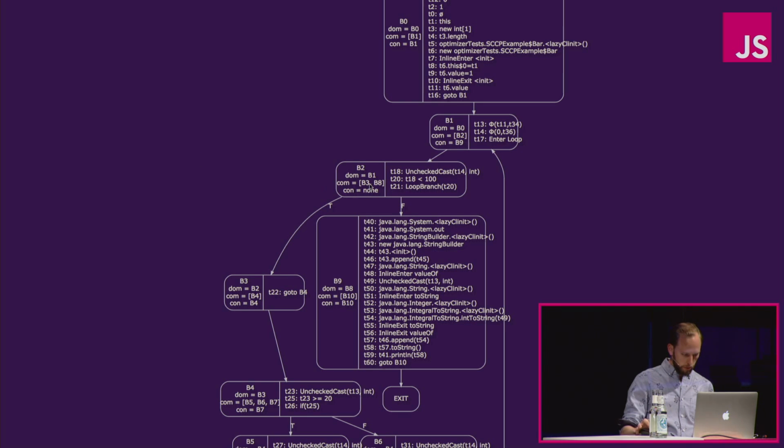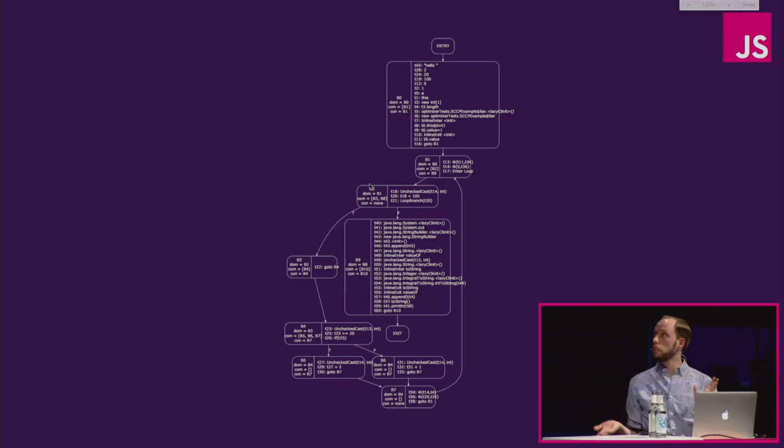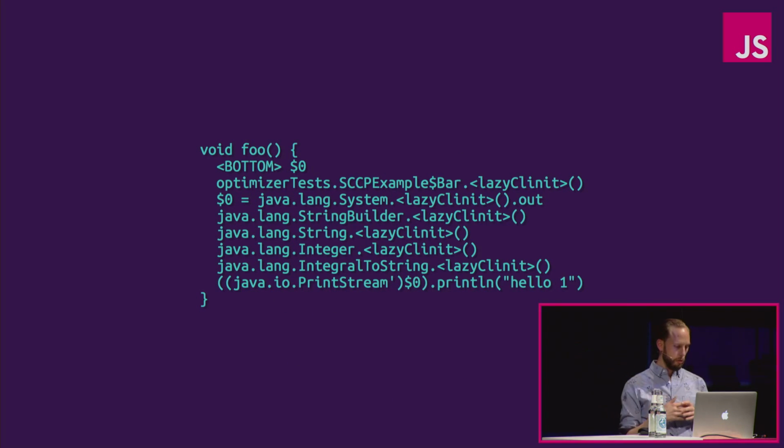And the optimizer does its stuff. It has a lot of knowledge about what's going on. And as you can see, it can get rid of a lot of stuff, especially in this example. So when it gets out of the optimizer, we are left with this little piece, which basically says the important part is here.